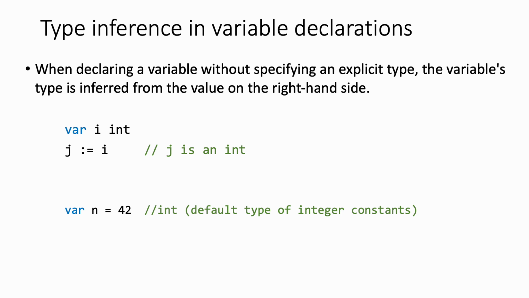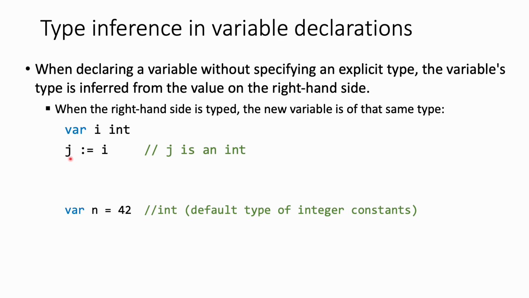When declaring a variable without specifying an explicit type, either by using the colon equals syntax or the var = expression syntax, then the type of the variable is inferred from the value on the right hand side.